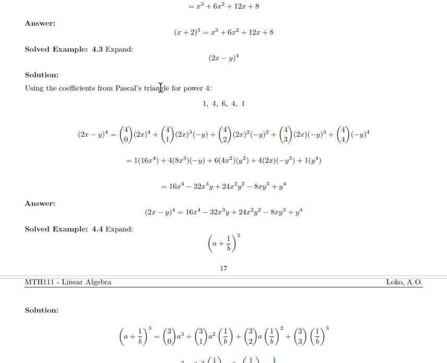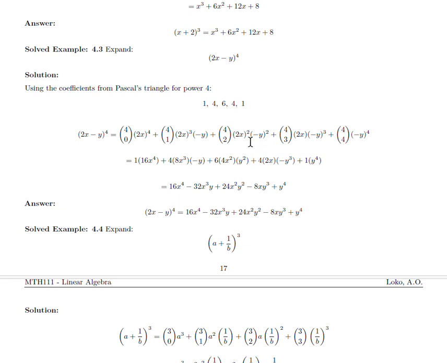And so the coefficients from our Pascal triangle will be 1, 4, 6, 4, 1, right? Those coefficients help us solve all these combinations easily. And so our expansion of 2x minus y all raised to power 4 will be this.